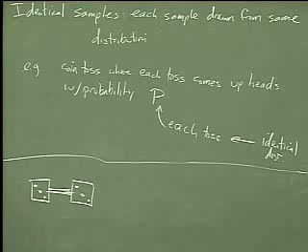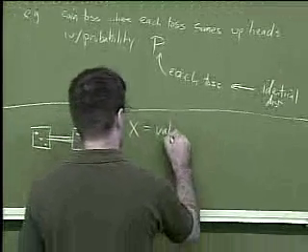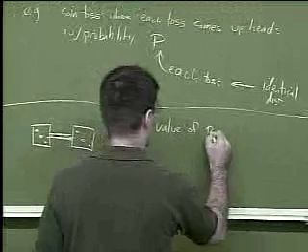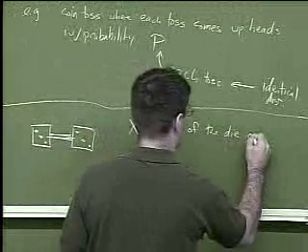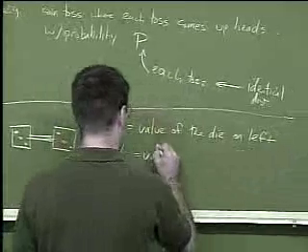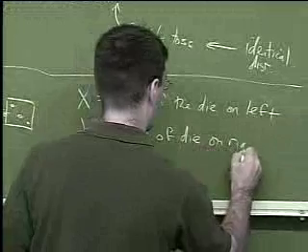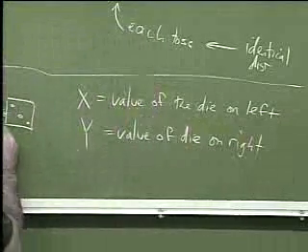So let x be the value of the die on the left, and y the value of the die on the right. And they're glued together.